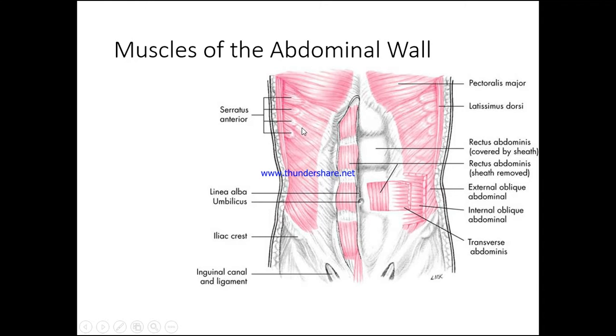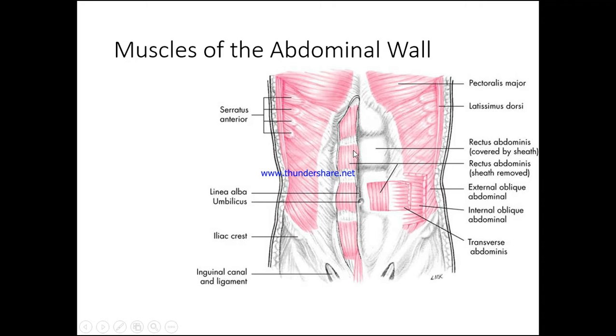So we can see as we go further up into the thoracic region, we have the serratus anterior, then the linea alba down into the actual abdominal region, linea alba being the white line, you'll remember from your anatomy classes. You've got the rectus abdominis here.